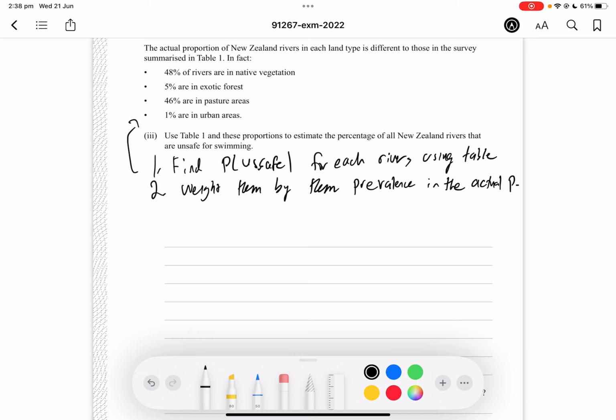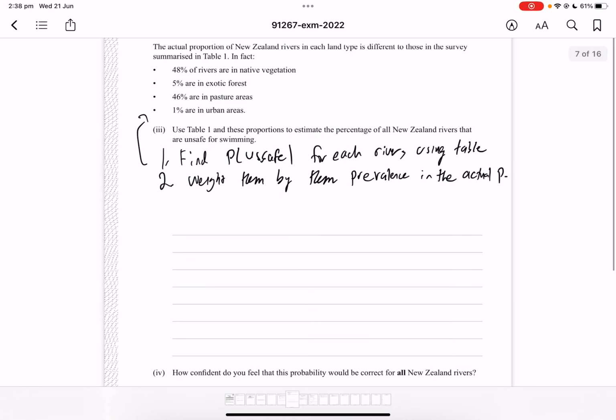Okay, so we might have a little bit of work to do since I think there's 4 of these to go through. So hopefully I have enough space.